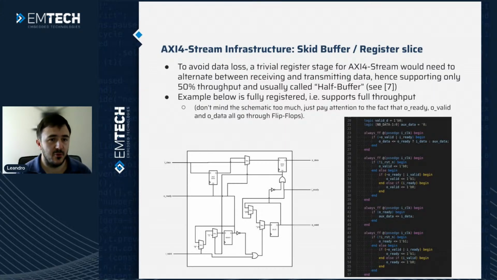This, of course, means that you only support 50% throughput. That's why the trivial register stage for AXI stream is called a half buffer.